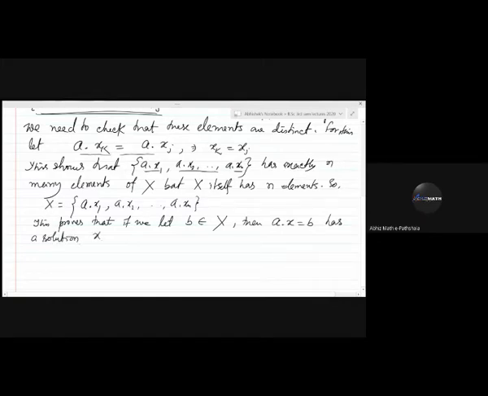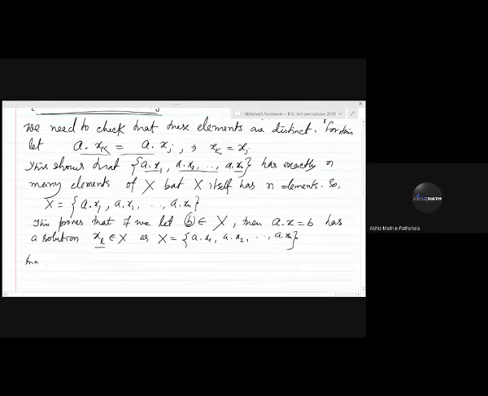Some xL belongs to X, as X is this set. Since b is in X, b must be one of a·x1, a·x2, ..., a·xn. So suppose b is a·xL. Therefore this equation has a solution.